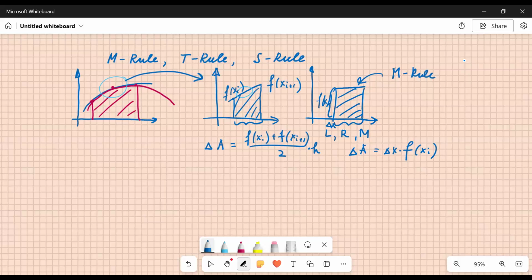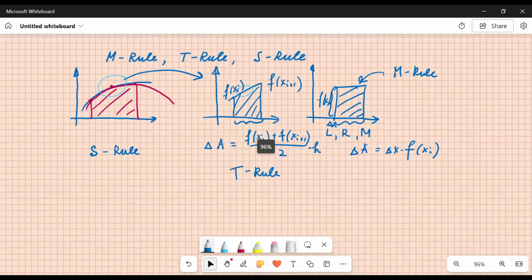The M rule is making flat out of an actually curvy function. The T rule, trapezoid rule, is going to consider that the function has different ends. And the one which considers a parabola is going to be called Simpson's rule. For right now, I want to discuss the T rule a little bit, and then at the end of the lecture do Simpson's rule, okay?